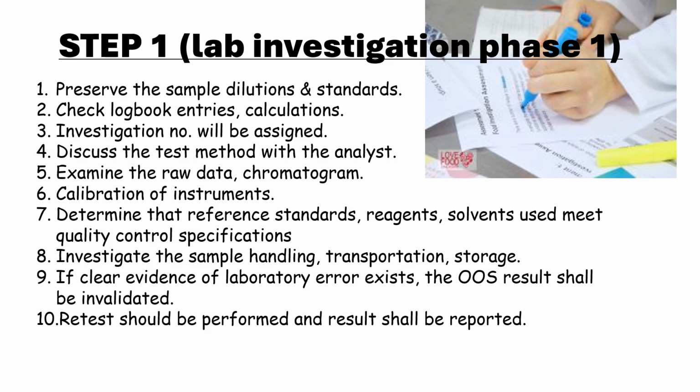Now the HOD will start the investigation and prepare the investigation form. And also the OOS investigation shall be logged in the OOS logbook and the investigation number will be given to it.